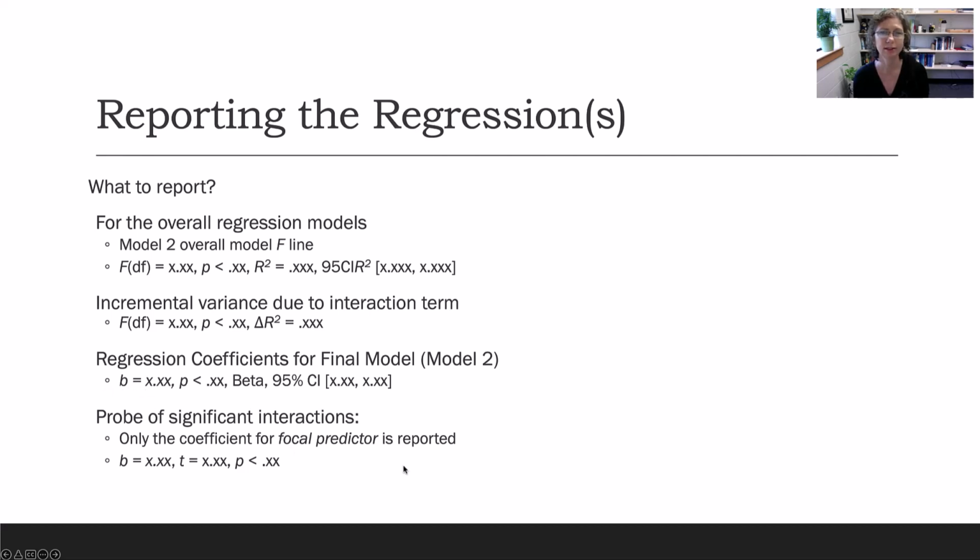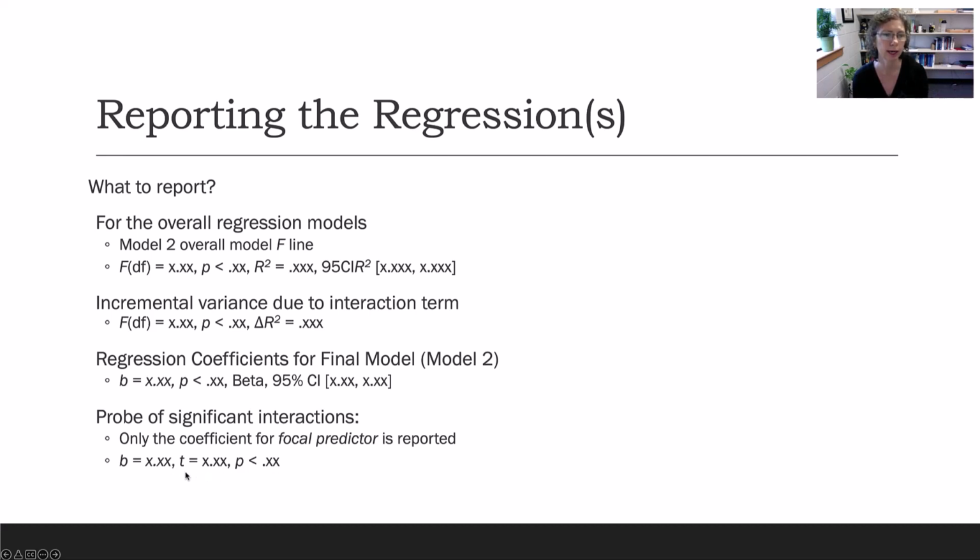And then we go into the probe of significant interactions, but there we're not looking to report all of those rows. Once you start probing the significant interactions, you're only interested in the focal predictor, okay? So that's the part that you want to watch with, because you're only predicting that one line that is about the focal predictor's relationship with the outcome.